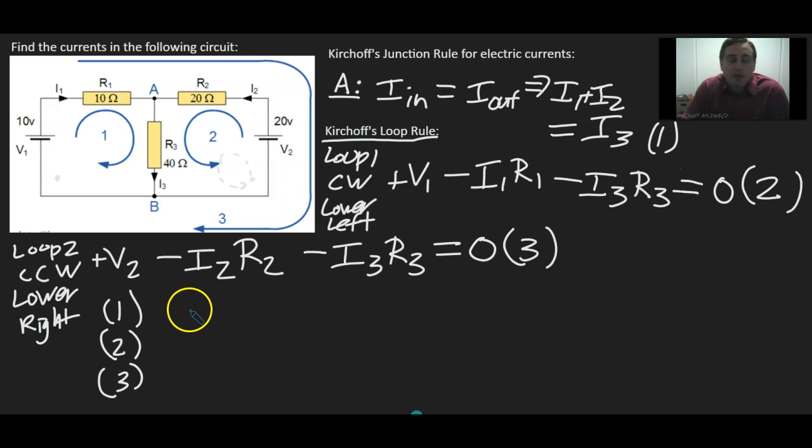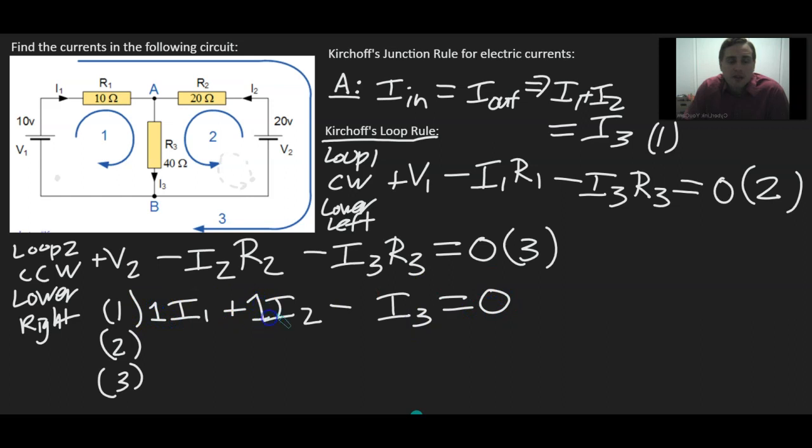And I want to also fill in zeros when needed. So let's go back to equation 1, which was the junction rule. So I think it's going to be I1 plus I2 minus I3 equals 0. And by the way, there's implied ones here, if you like. Don't show a coefficient, it's just a coefficient of 1.